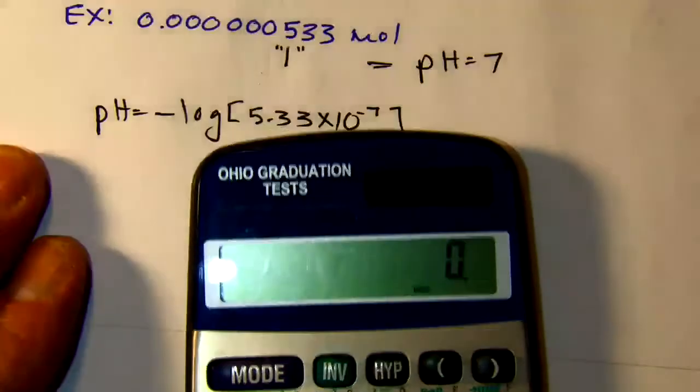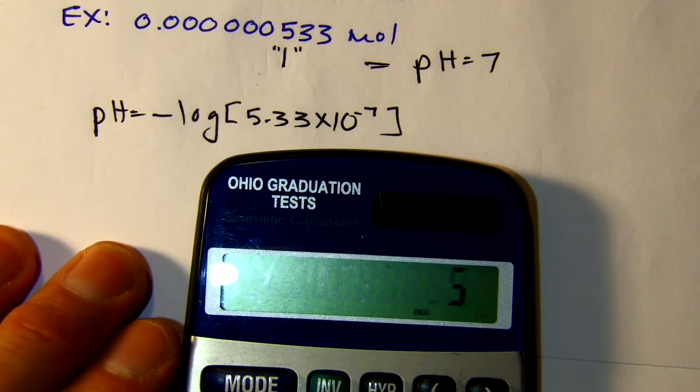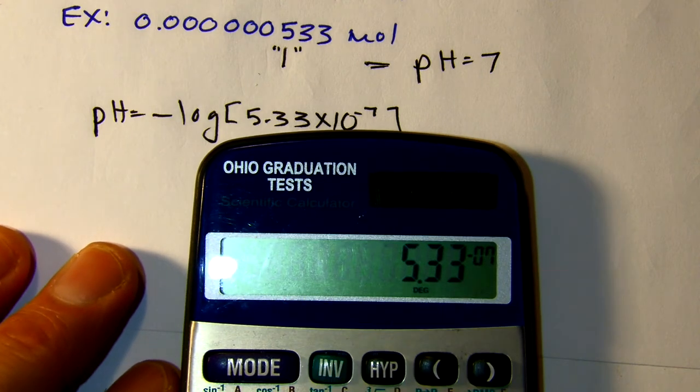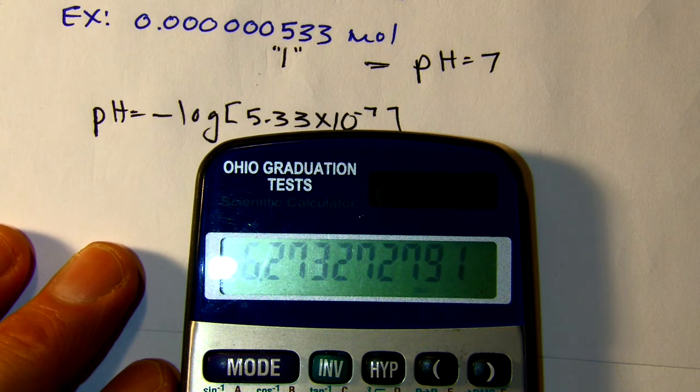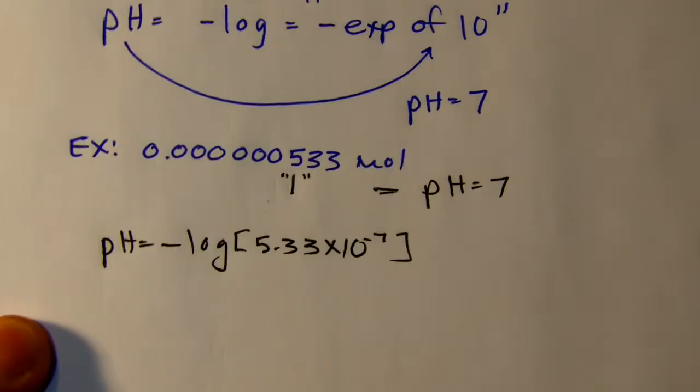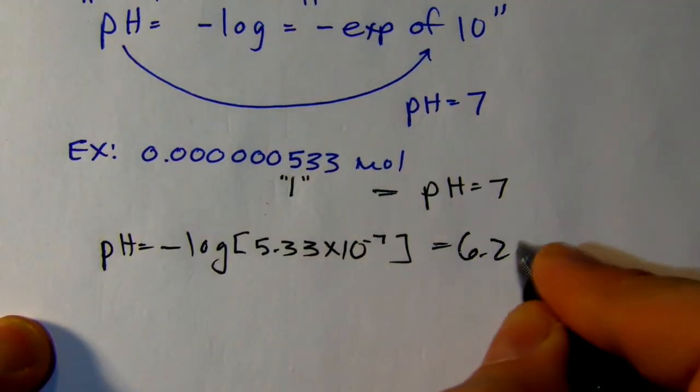So if we took 5.33 exponent negative 7, much easier on this calculator. Ready? We're going to take the log, negative 6.27.